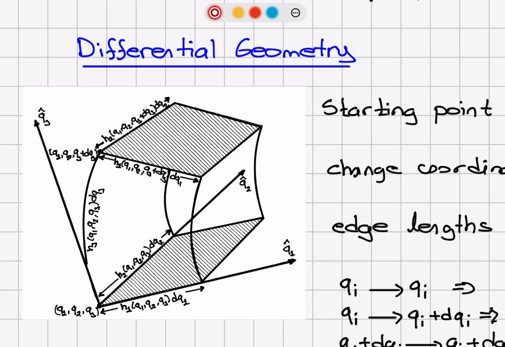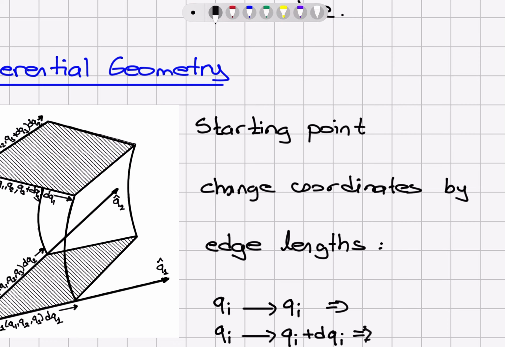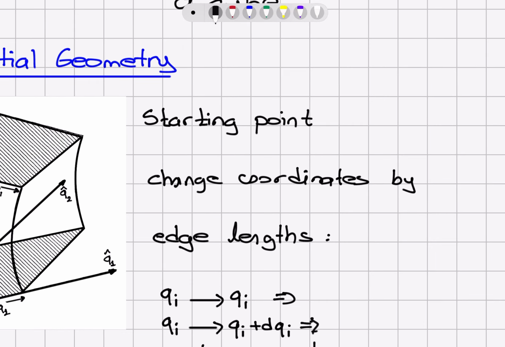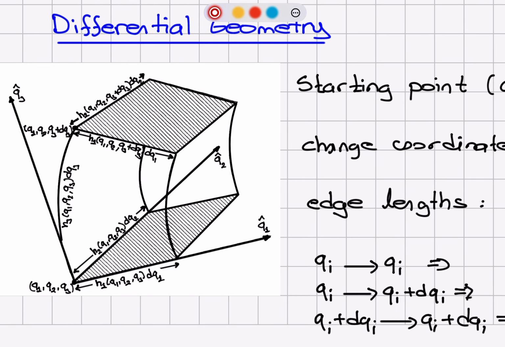So our starting point for this differential geometry is the origin, which has the coordinates q1, q2, and q3.